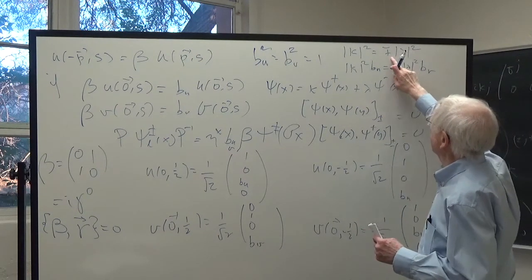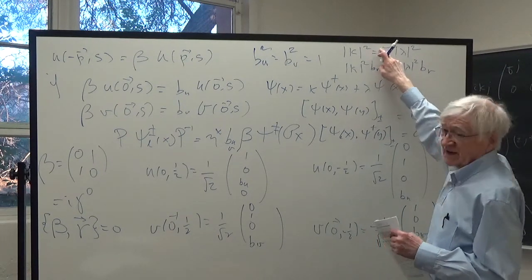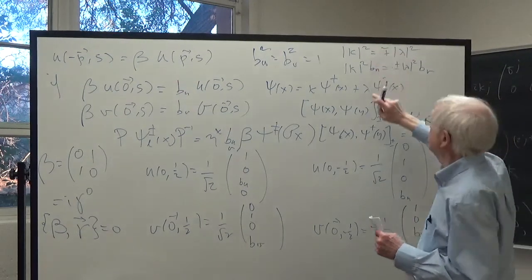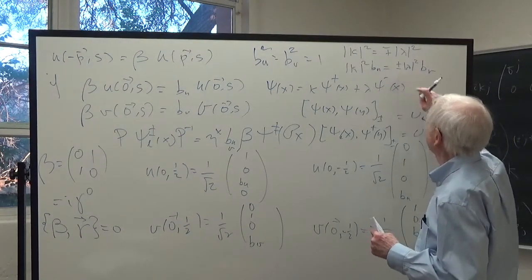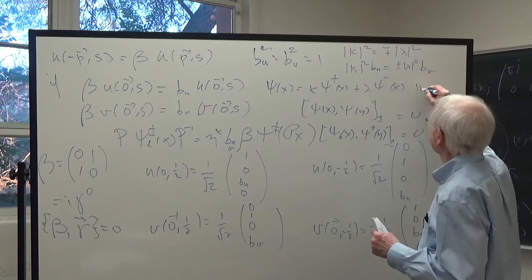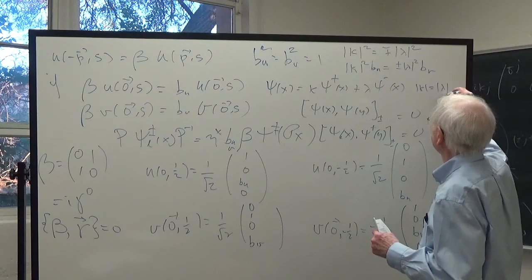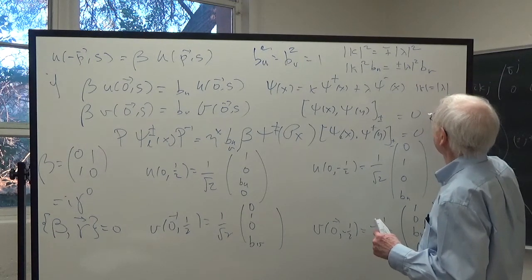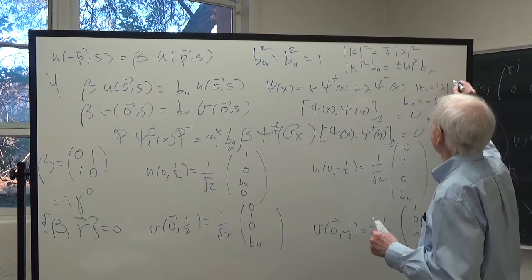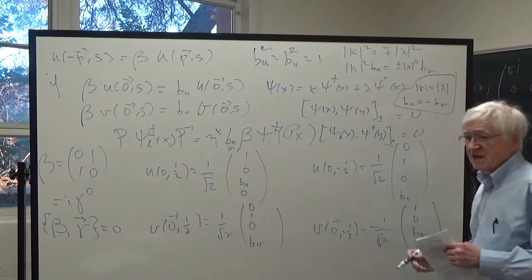Obviously we have to choose the bottom sign, because we can't have a minus sign here. Then we simply get that the magnitude of kappa equals the magnitude of lambda, and BU is equal to minus BV. So these are the conditions that we get.